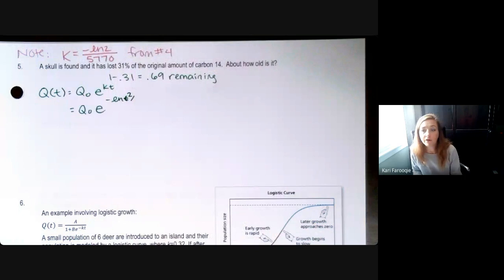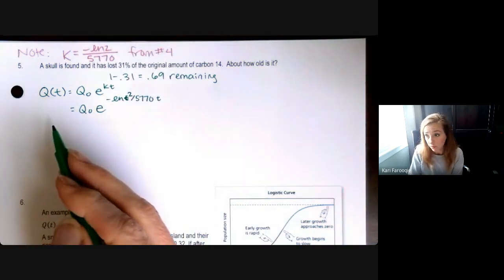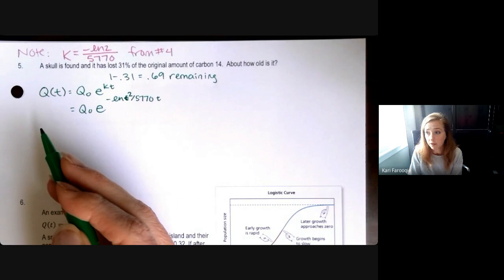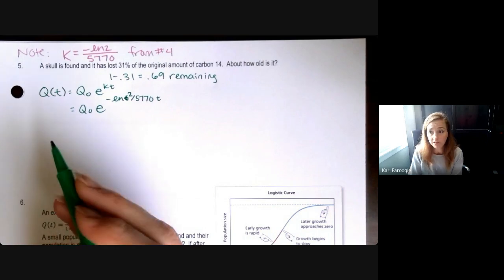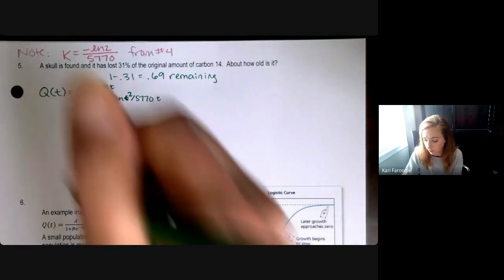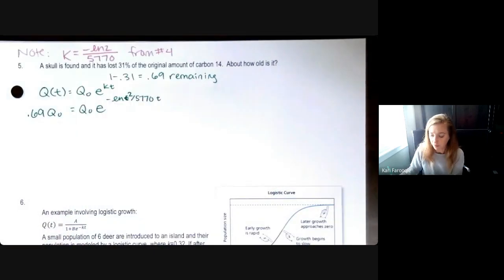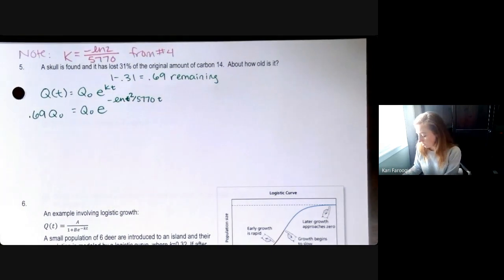All right, negative ln 2 over 5770. And we know that the final amount at this point in time, whatever point in time that is, which we're trying to solve for, is 0.69 of the original. So instead of saying it was half the original like we did for half-life, remember we did something similar for half-life.